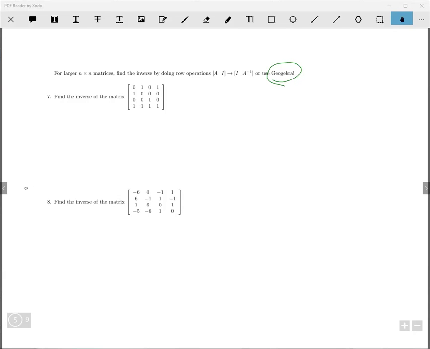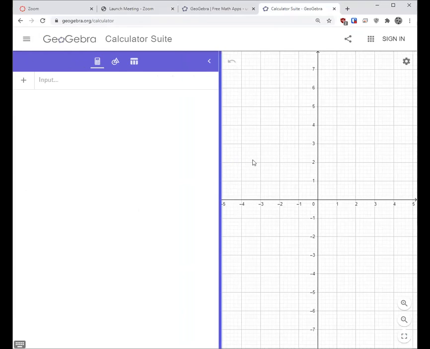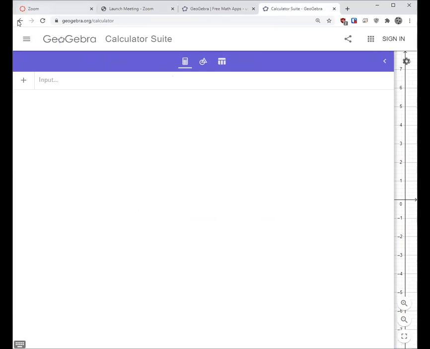into Geogebra. Okay, so here I've opened that up, and since we're not really using the graphing part, I'm just gonna push that screen all the way over, because we're not gonna be using the graph. Okay, so this first matrix, I'm going to put it in. So you just put it in as a matrix, so it's curly bracket, and then the first row, 0, 1, 0, 1.